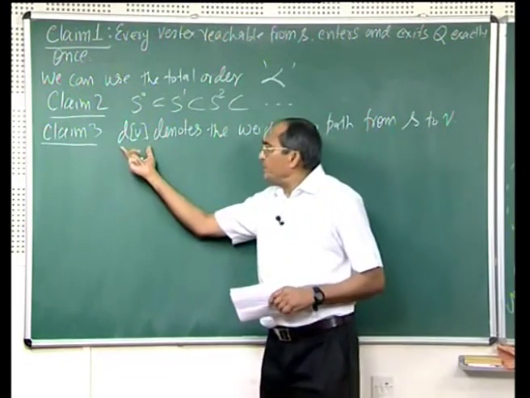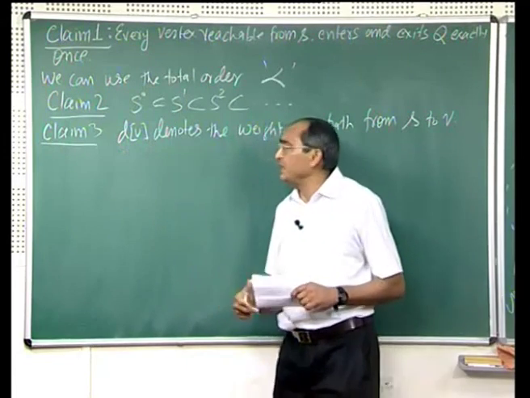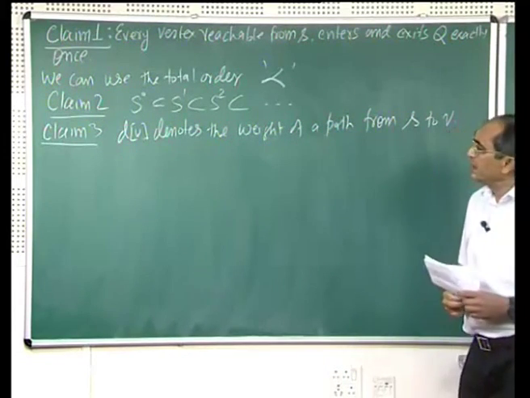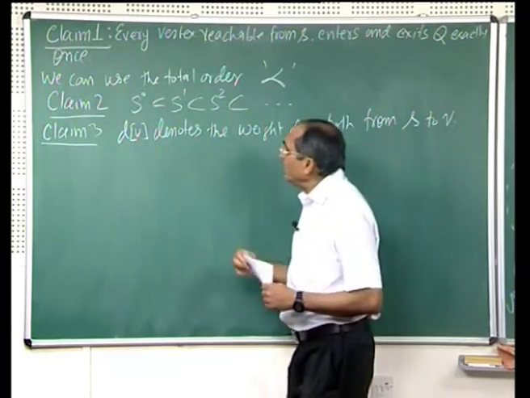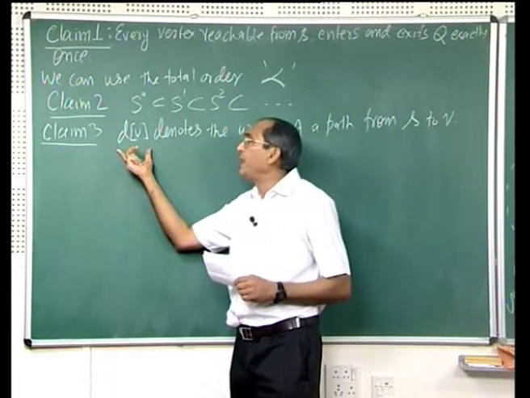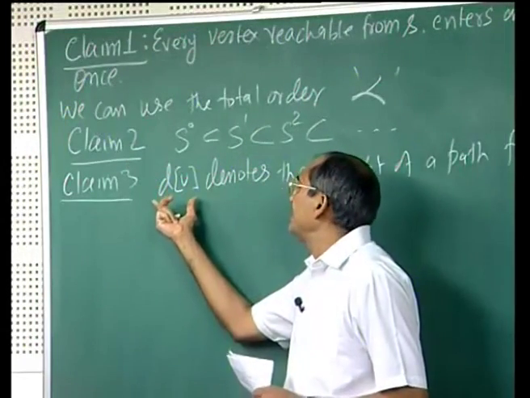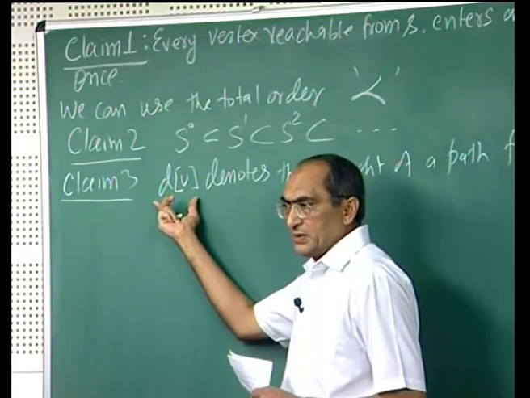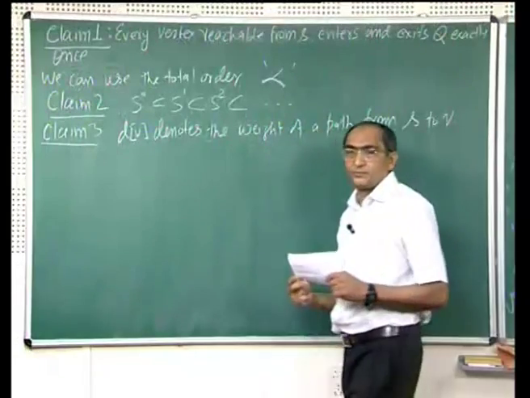The value of d(v) has been set as the d value of its parent, say parent is u, then it is always equal to d(u) plus weight of uv.